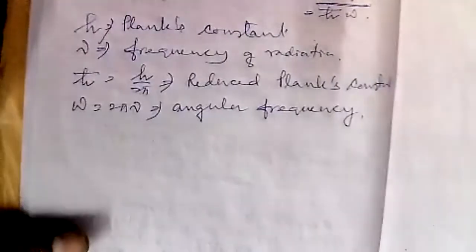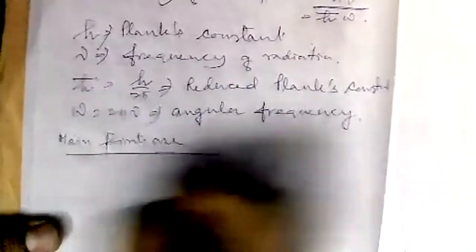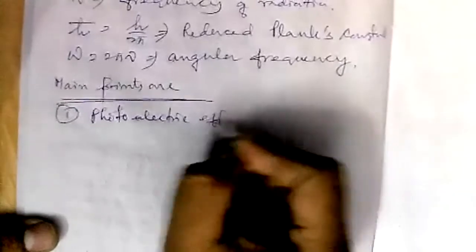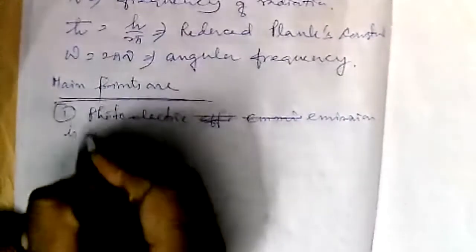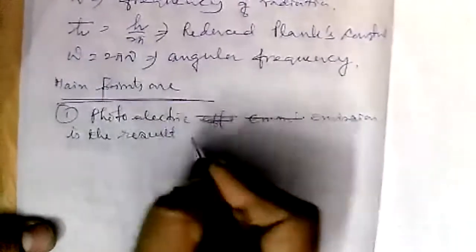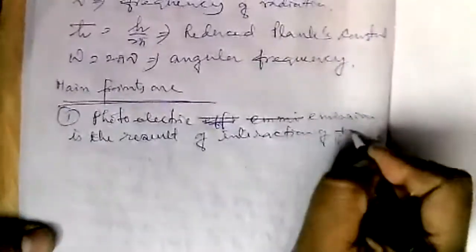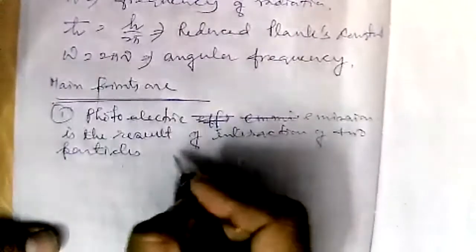The main points of Einstein's theory of photoelectric effect are: photoelectric emission is the result of interaction of two particles. Which two?